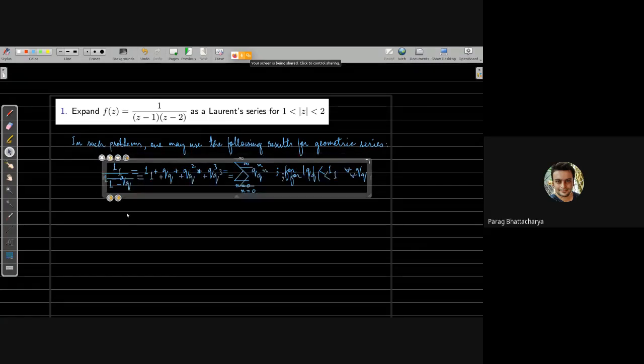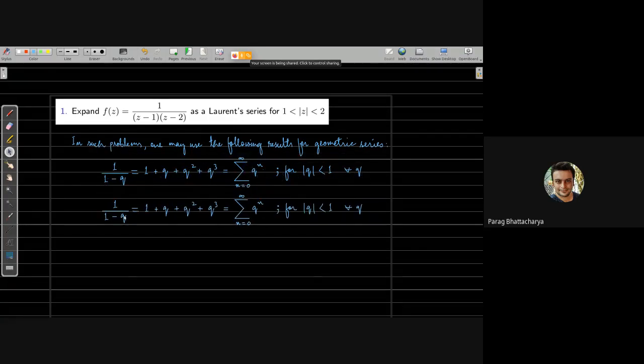So this is the geometric series, one result. Another result is 1 by 1 plus q. Does anybody remember what will be this result? Anyone? Oh, 1 minus q plus q squared, sorry, minus.